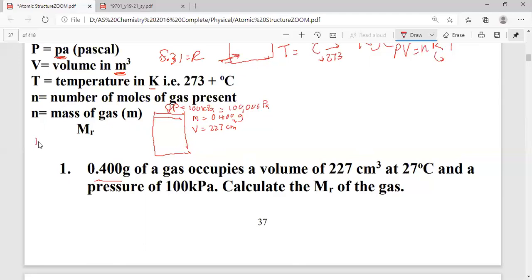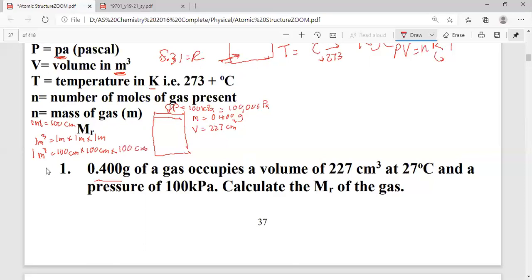See, 1 meter cube is equals to 1 meter times 1 meter times 1 meter. This is common sense. Now I also know that 1 meter is equals to 100 cm. So 1 meter cube is equals to 100 cm times 100 cm times 100 cm.